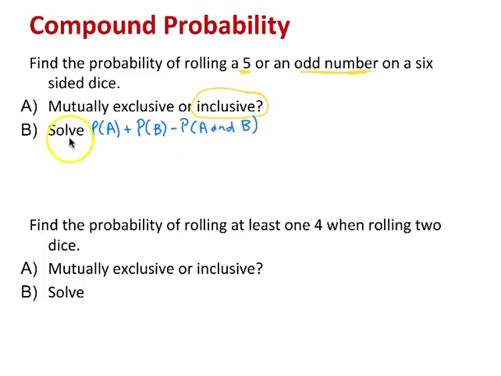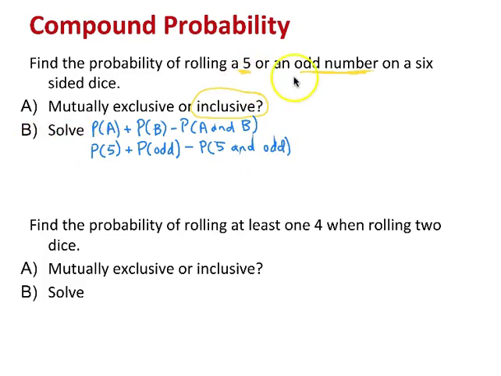So now let's apply it to this specific question. We're going to find the probability of rolling a 5. We're going to add to it the probability of rolling an odd number. And then we're going to subtract out the probability of rolling a 5 and an odd number.